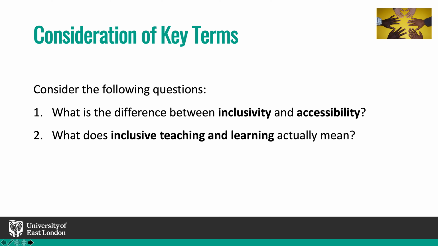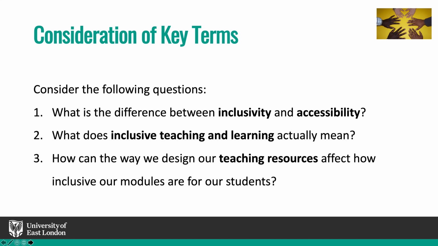It's a very broad term. So what could it encompass? And finally, how can the way we design our teaching resources affect how inclusive our modules are for our students? Well, I don't have very specific answers to all of these questions, perhaps apart from the first one, which I can summarize for you now.